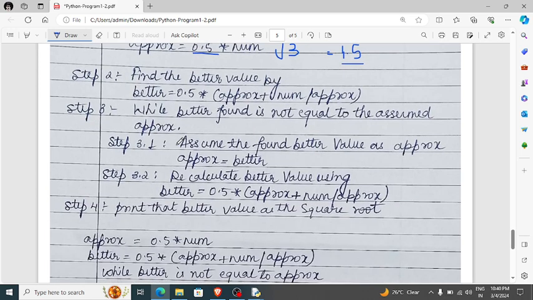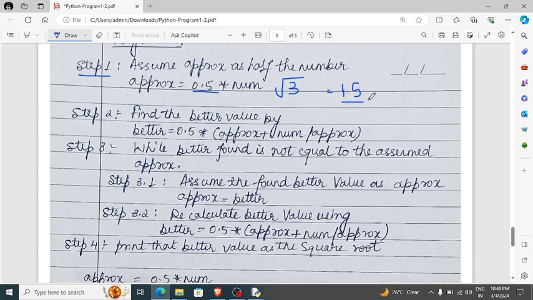Then I know this 1.5 isn't the square root of 3, so I try to find a better value compared to my approximate value. There I use this formula: better is equal to 0.5 into approx plus number divided by approx.